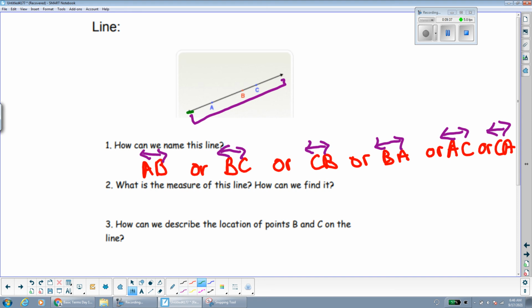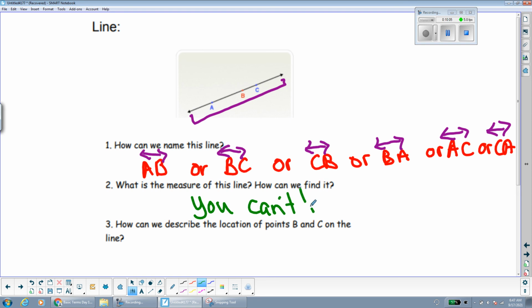The line has an arrow on the end, so it's going to keep going forever, even off my computer screen in both directions. So we're never going to get an accurate measure of the line because it goes on infinitely. There's no way to measure it. So I'm going to write here: you can't. A line goes infinitely forever in both directions.